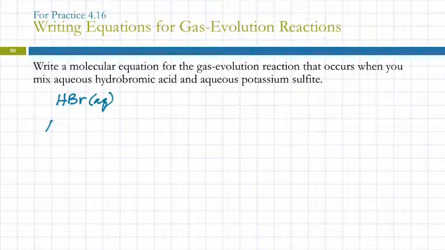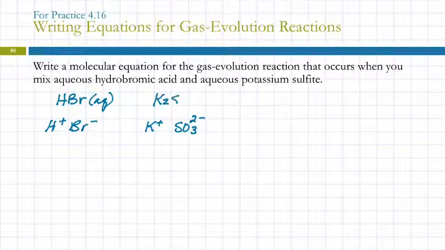Aqueous. That's hydrogen ion and bromide ion. Potassium sulfite. Potassium and sulfite. What's that sulfite? SO3. And what's the charge? 2-. So the formula for this one then is K2SO3, also aqueous.